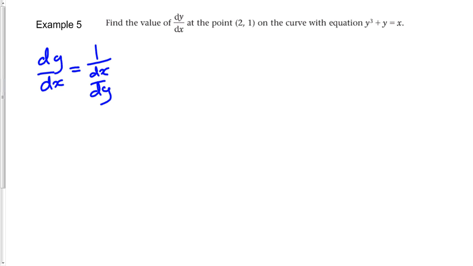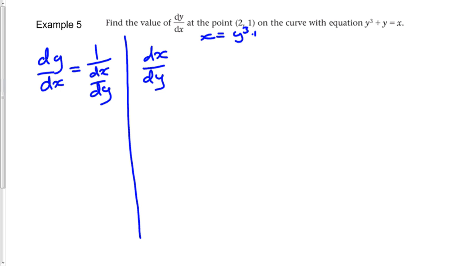So whenever we come across an equation where it's in terms of y, so we've got y cubed plus y, what we simply do is we work out dx by dy. So the way we do that is if x equals y cubed plus y, dx by dy is going to be 3y squared plus 1.